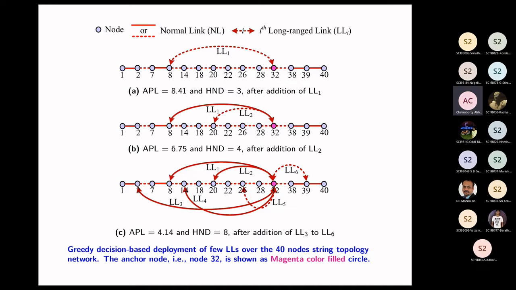So we have seen that in an n node network, if we add a link based on minimizing the average path length, the first link will always be added between 0.2n and 0.8n of an n node network.